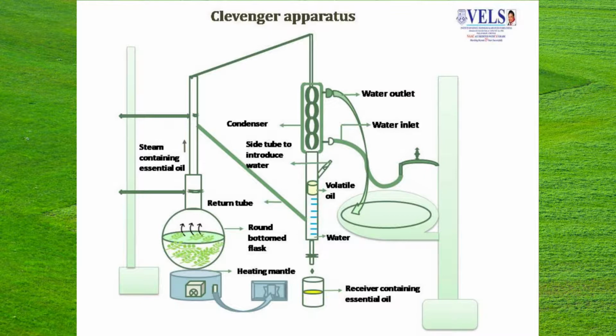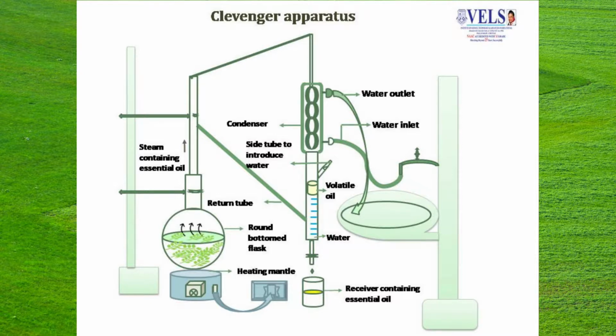On heating using the heating mantle at higher temperature, the movement of water will be caused by the temperature and pressure fluctuations within the still, which accelerate the diffusion of water into the plant materials, and it will remove the volatile components from the plant materials. Then the vapor of the mixture of water and oil is condensed by cooling water running inside the condenser.